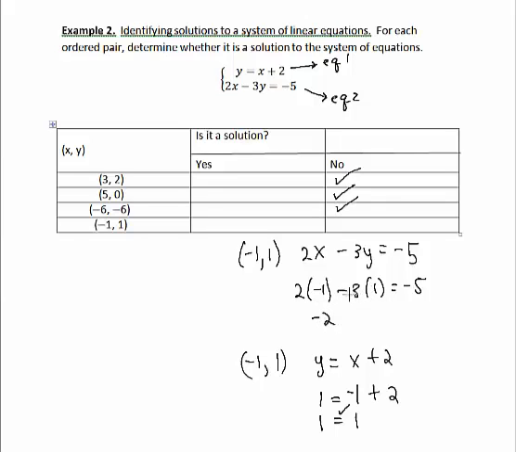And then we have a negative 3 times 1 is a minus 3. And negative 2 minus 3 is a negative 5. And so we finally found our solution in the list. It was the last one. Okay, so to actually determine whether an ordered pair is a solution to the system, you have to check each equation.